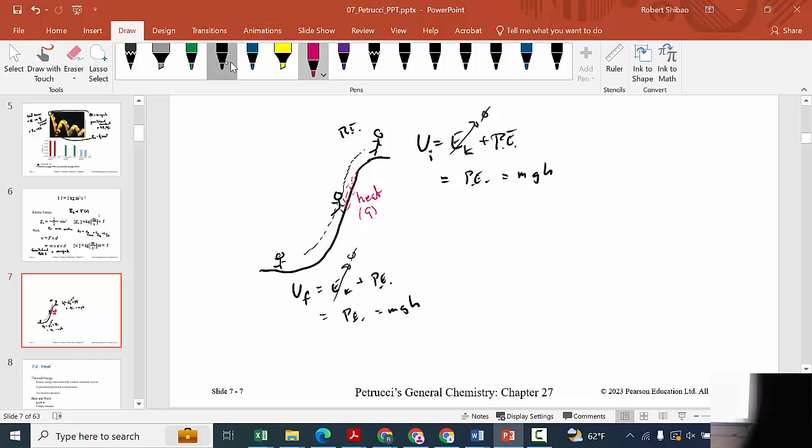However, the energy could have been lost another way. So let's say you slid down this, but let's say you accidentally fell off the top of the slide and ended up breaking a bone here. Then did you generate much heat?